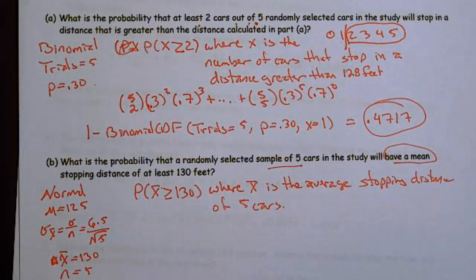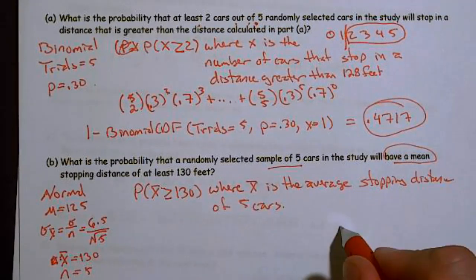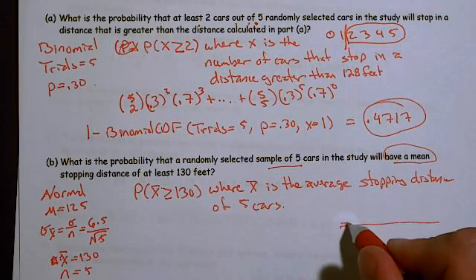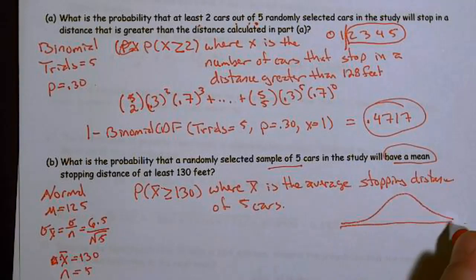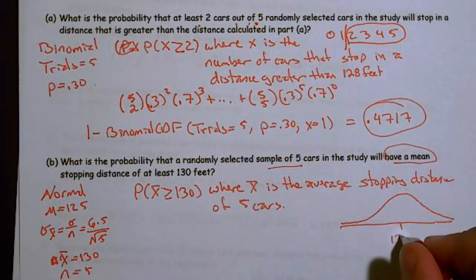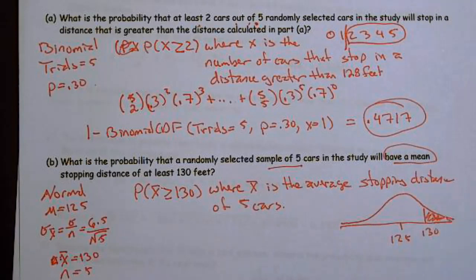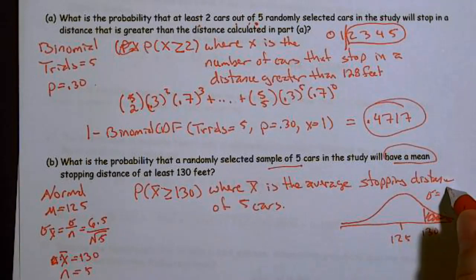All right, so we're looking for the average stopping distance of 5 cars. Our drawing is going to look something like this. We still have a mean of 125, but we want to know 130 and greater. And our standard deviation for this is going to be 6.5 divided by the square root of 5.